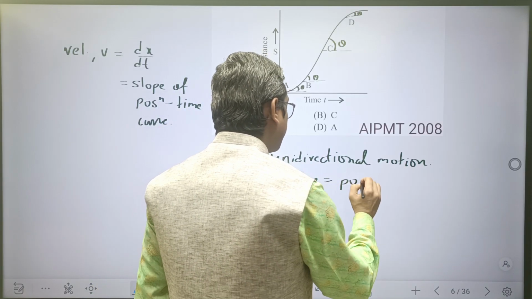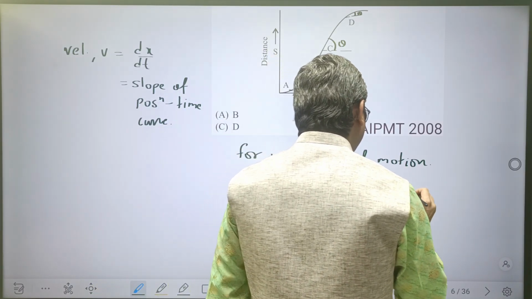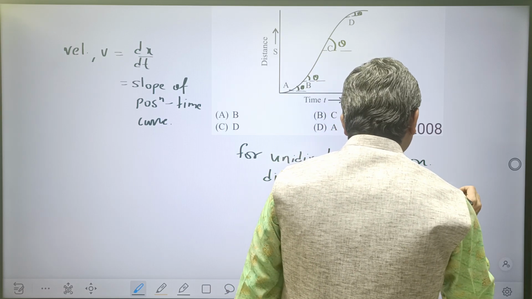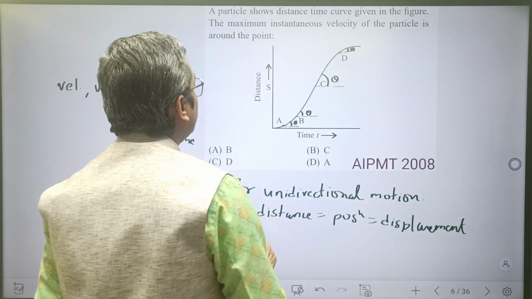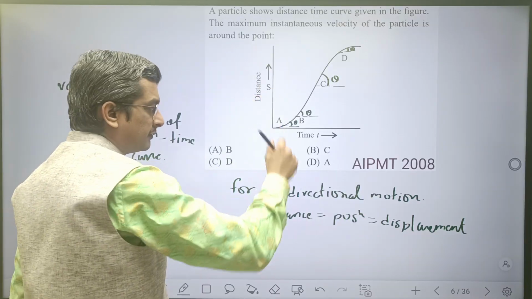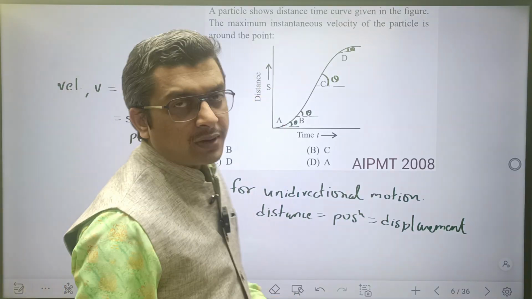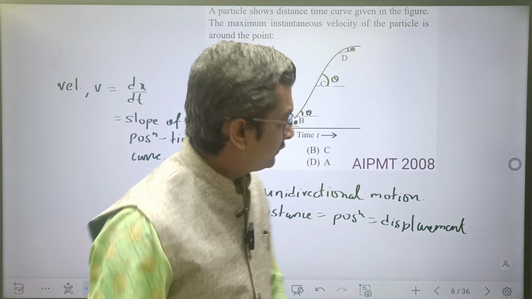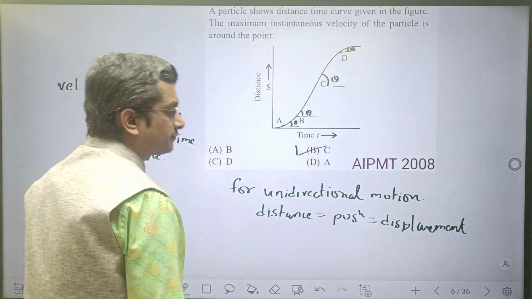That is, distance is equal to position is equal to displacement, isn't it? So whether on the y-axis you put displacement, distance, or position, its slope is given by the velocity. That's all, isn't it? So option C.